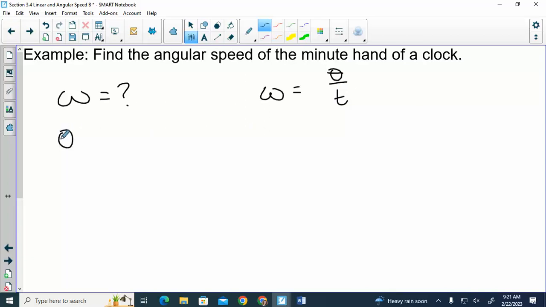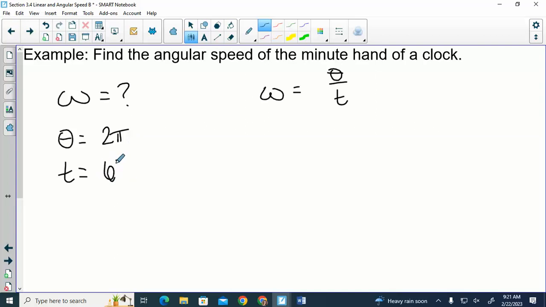So we need a theta and we need a t. We can actually pick any theta and t that correspond to each other because we're talking about a clock. So let's say I just did 2 pi. That means all the way around the circle. If the minute hand travels all the way around the circle, how much time has passed? 60 minutes or one hour. Right.